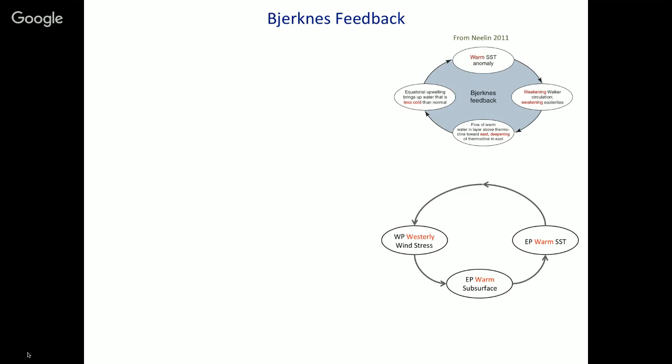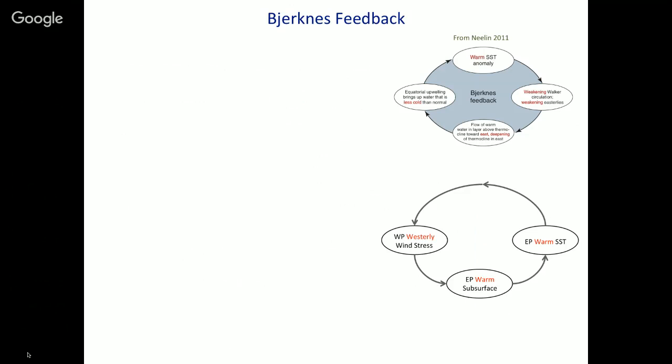So what you could do is you could also look at the Bjerknes feedback mechanism, where the weakening easterlies lead to the flow of warm water in a layer above the thermocline towards the east, deepening of the thermocline, and then there is less cold equatorial upwelling, which leads to the warming of SST.